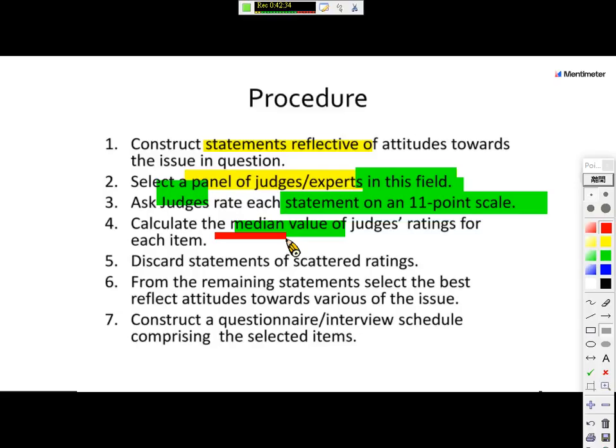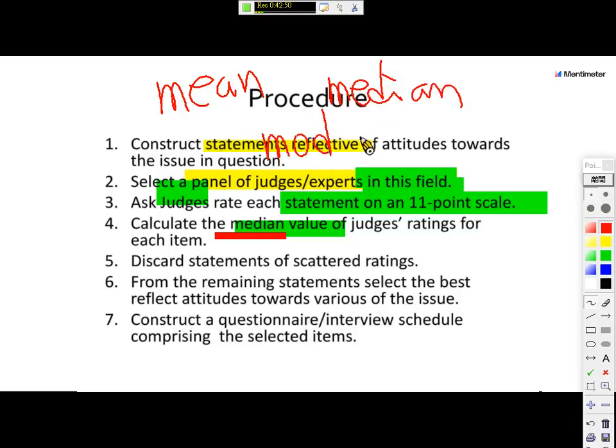We have several words related to this. For example, we have a mean, we have a median, we have a mode. These are three terms related to almost the same thing, but not the same thing. So what does that mean?